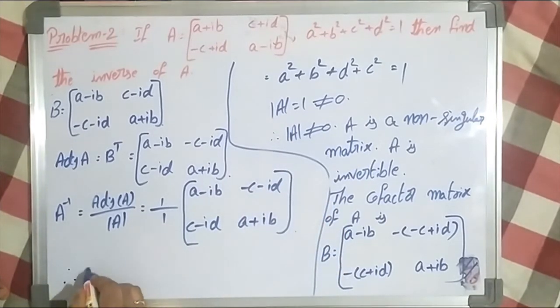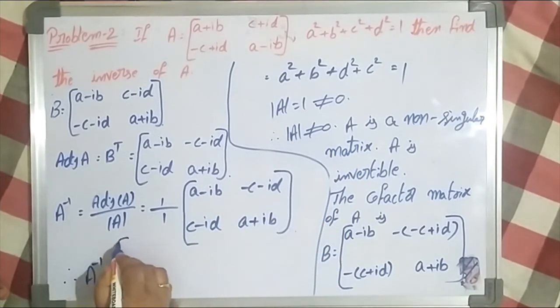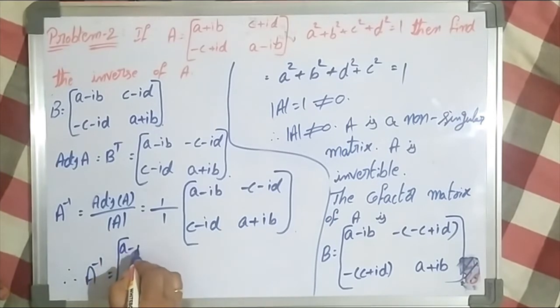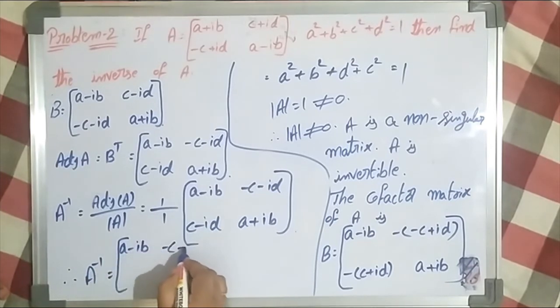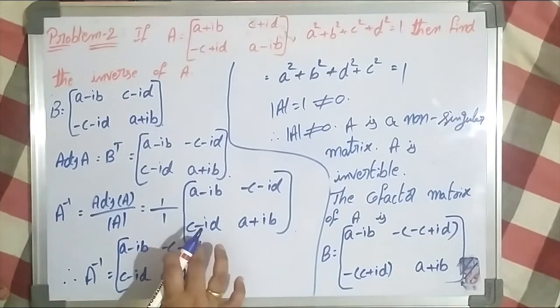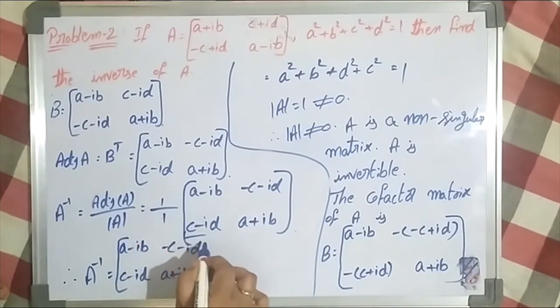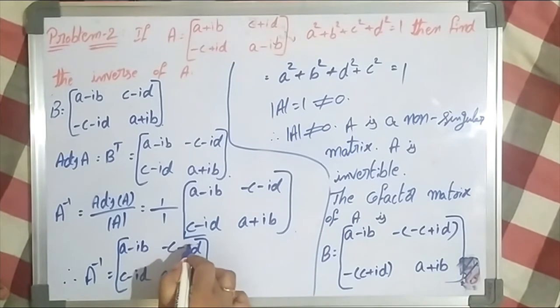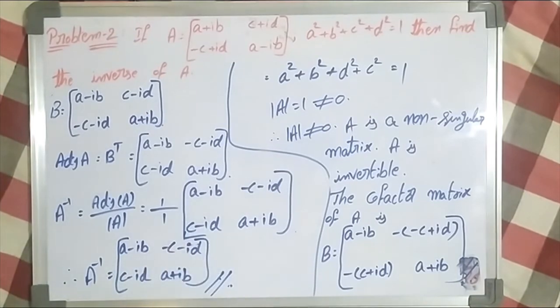Therefore A inverse equals [a minus ib, minus c minus id; c minus id, a plus ib]. This is the A inverse value.